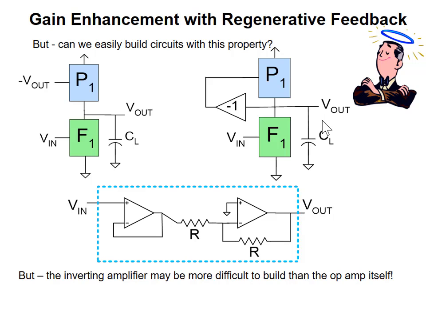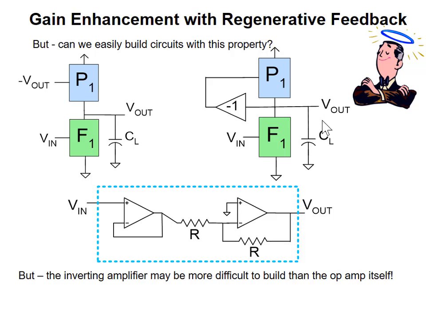But what's wrong with this solution? We're trying to build an op amp, right? So you give me 2 good op amps, and I can build a good op amp. So we got a chicken and egg situation, don't we? Okay, so maybe this isn't a good solution.